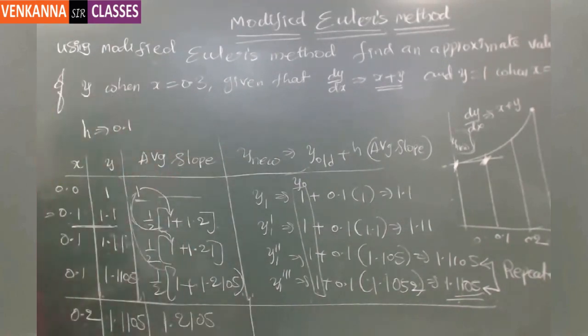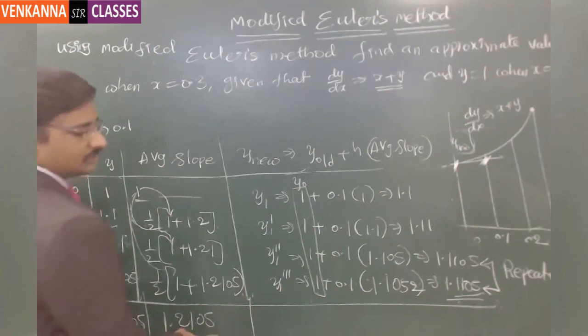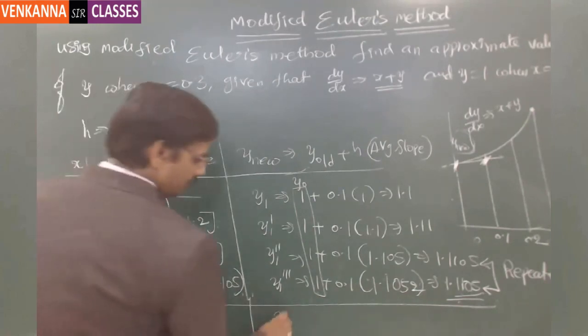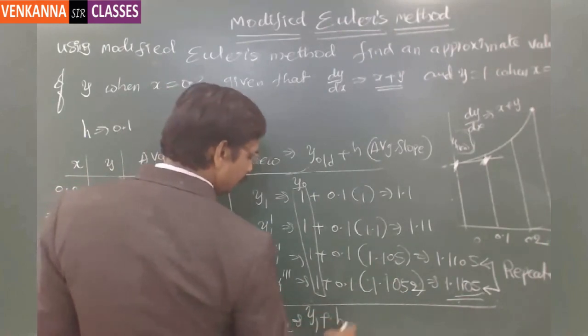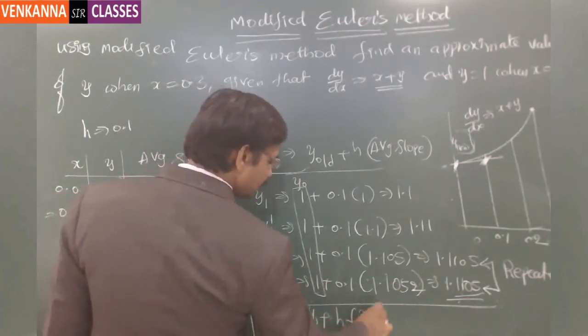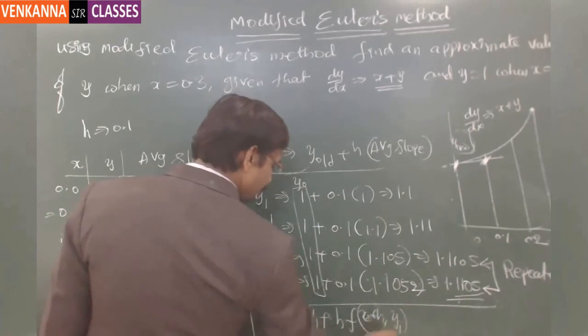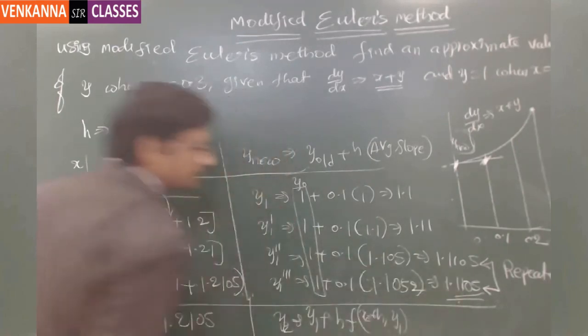Now this slope you can make use in the first iteration. There is no average you can think of, because you have considered only one slope in the first iteration. So 1.2105 is the slope, and then you can calculate y2 is equal to y1 plus h times of f of x naught plus h comma y1. So this y1 is this value. Got it?